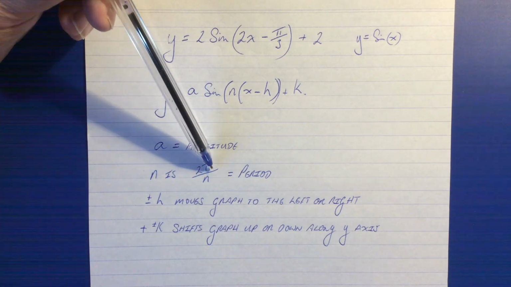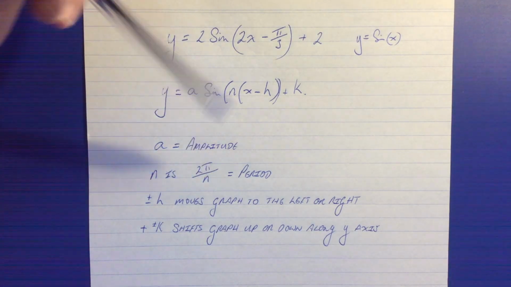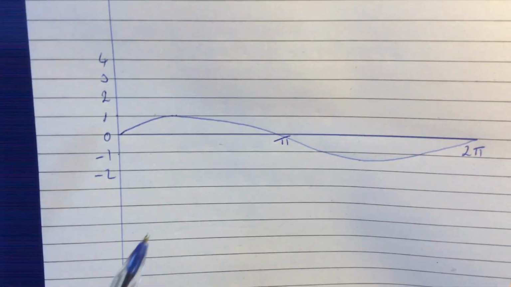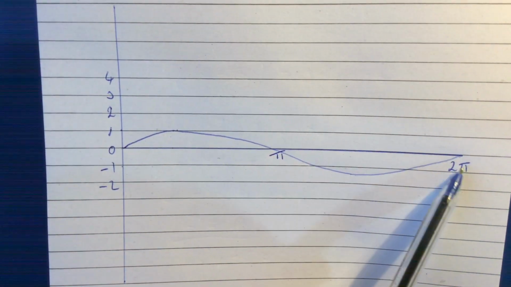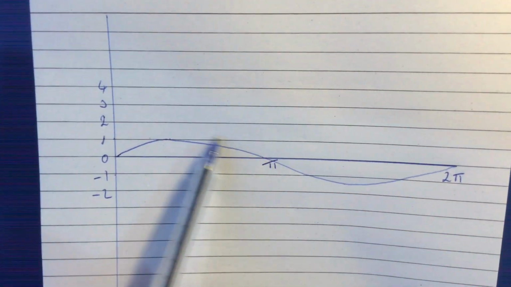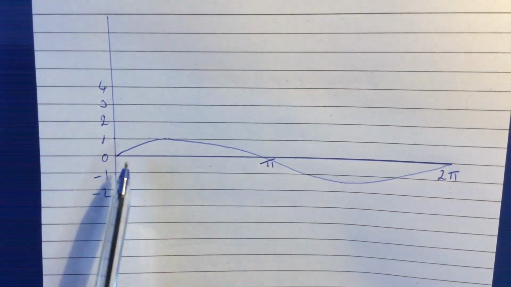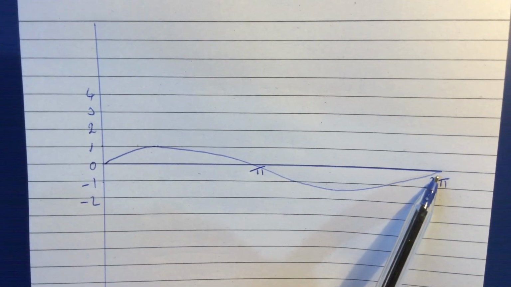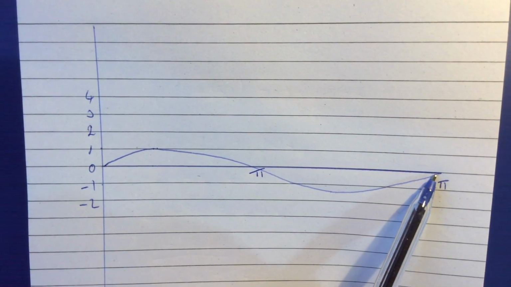Now the period is the distance, as I've said before, between here and here. It is one full cycle of the function as graphed, getting from its starting point back essentially to the same point.